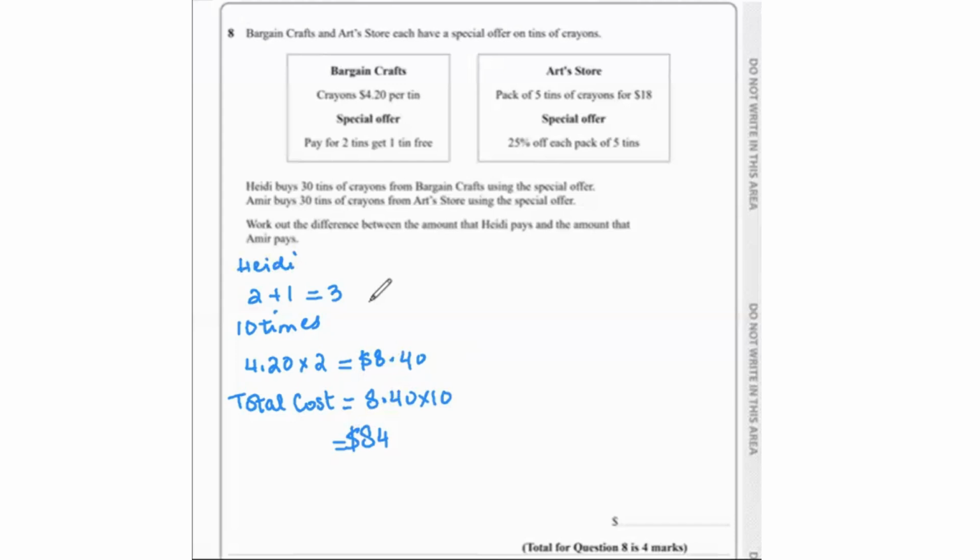So since she has 30 tins, that's 3 tins per offer, which means she used this offer 10 times. We found the cost for one offer is $8.40, and then we multiply that by 10 to get the total cost for 30 tins, which is $84. Now we move on to Amir.